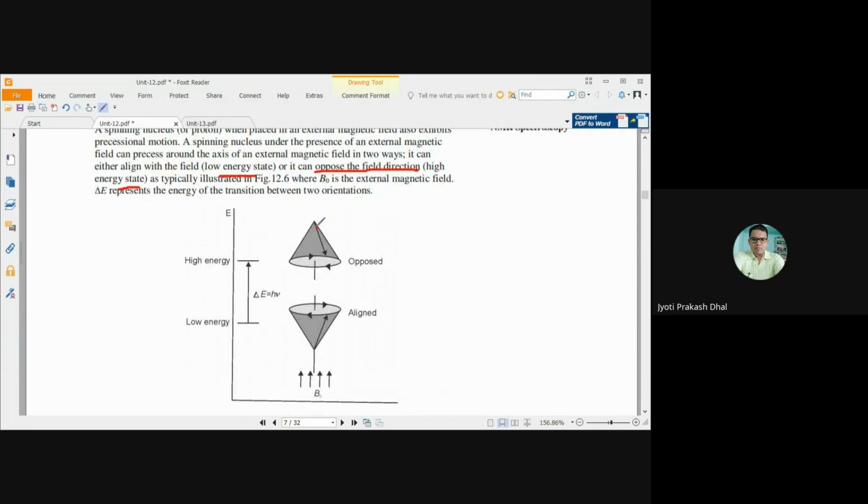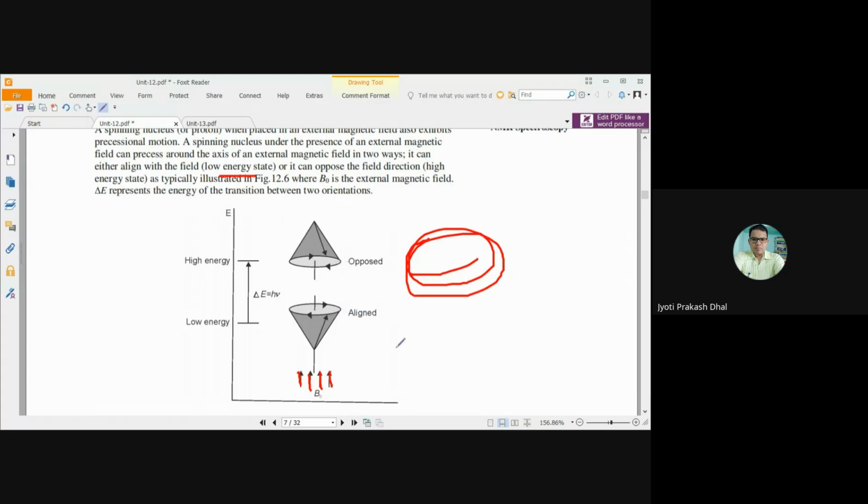Let this one be the proton 1H1, and this is the externally applied magnetic field B naught. With reference to it, the spinning top will precess around the external magnetic field like this, as well as around its own axis.